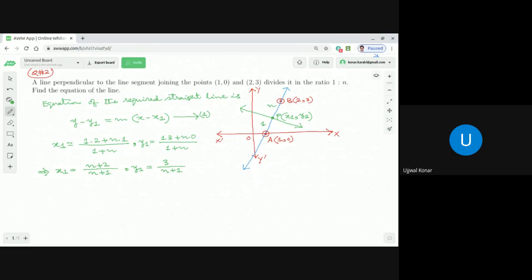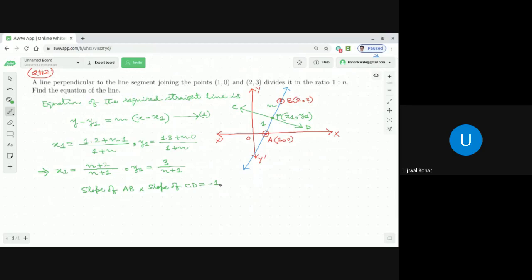Now, how to find the value of m? The green straight line is perpendicular to the blue straight line, so the slope of the blue line into the slope of the green line should be equal to -1. That means slope of AB into slope of CD, the green line, is equal to -1.